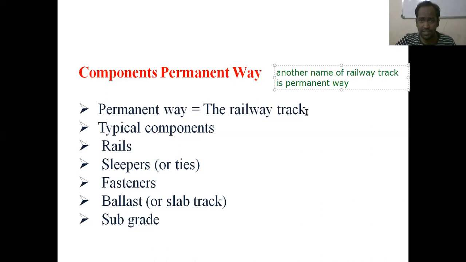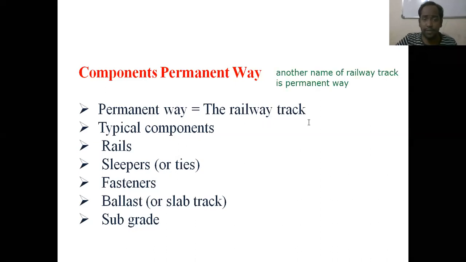We have already discussed that the permanent way is nothing but the railway track, and the major components of a permanent way, the railway track, are rails, sleepers, fasteners, ballast, and subgrade. These are the major components of a railway track, and we are going to see about these things.